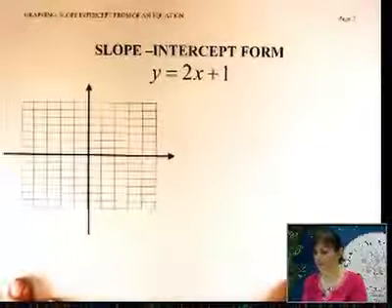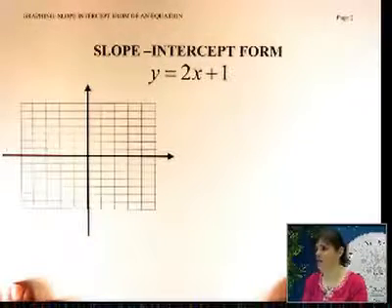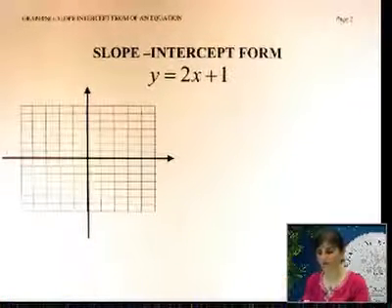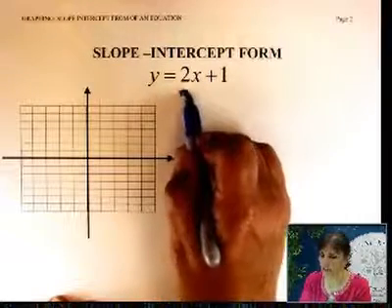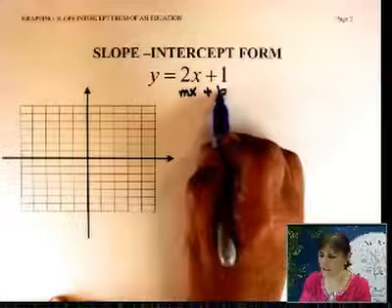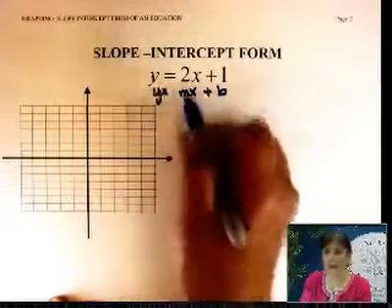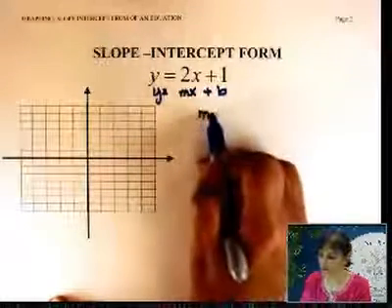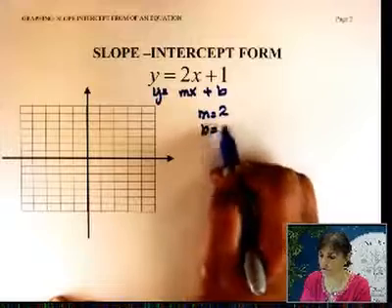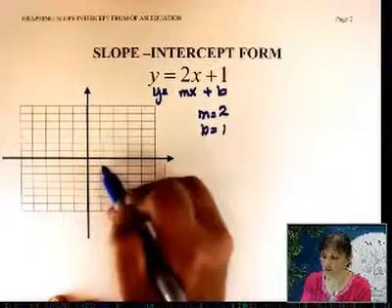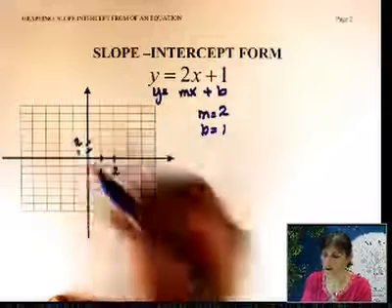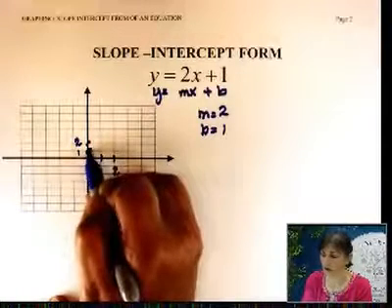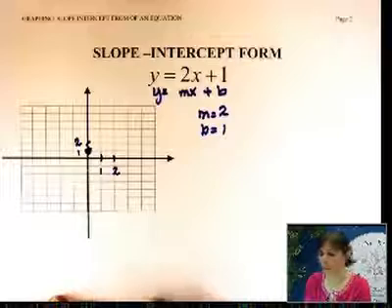Okay. Let's do it without the formula. When I see it, I put the formula underneath so you can match. m equals 2, b equals 1. Start with the scale. Put the y-intercept.